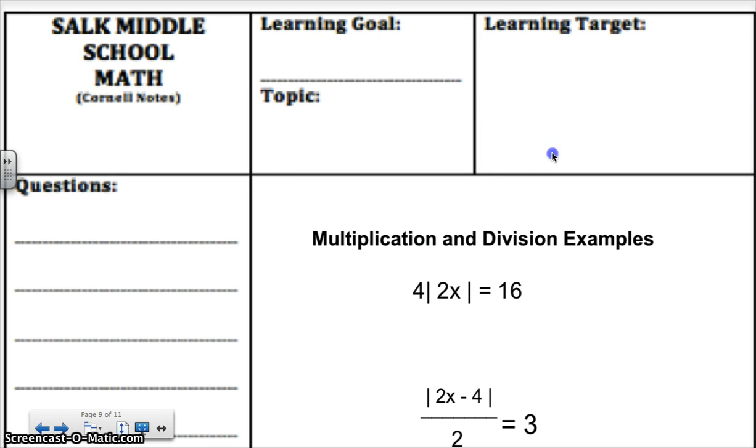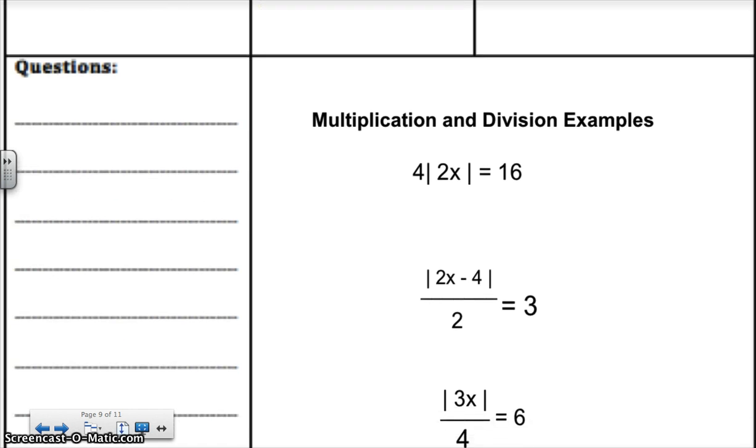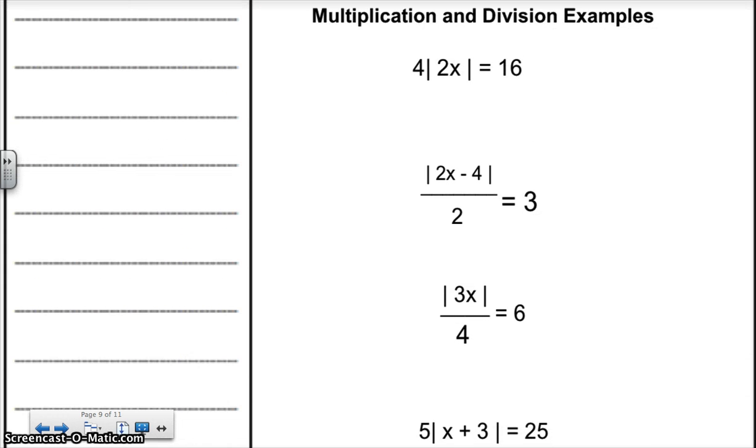Multiplying and division examples. They look a little bit more difficult, don't they? But it's still all the same algebra technique. You say, what am I doing? What's the opposite? That's all you got to do. This is saying 4 times the absolute value of 2x is 16. How do you move times? Divide. So I'm going to divide through by the 4 to get rid of it. And I get the absolute value of 2x is 4.